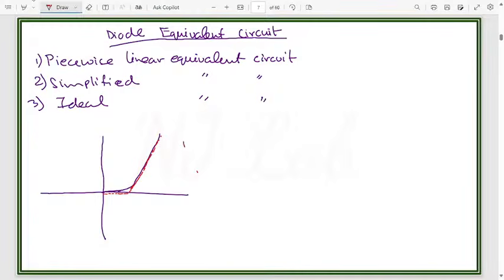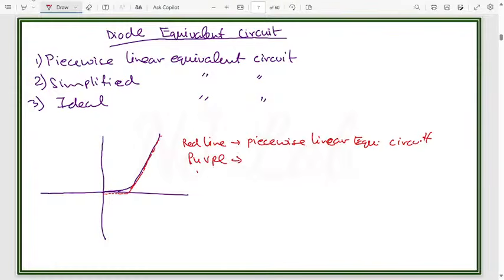So this red line is representing our piecewise linear equivalent circuit. And this purple one is our practical diode.